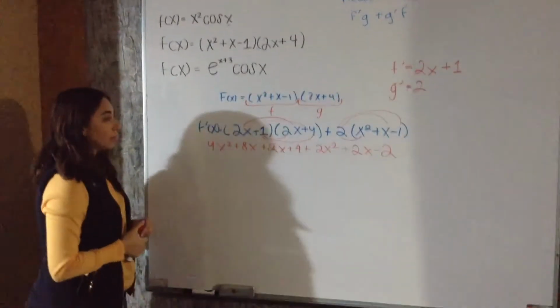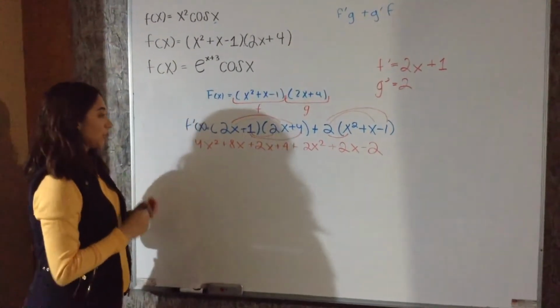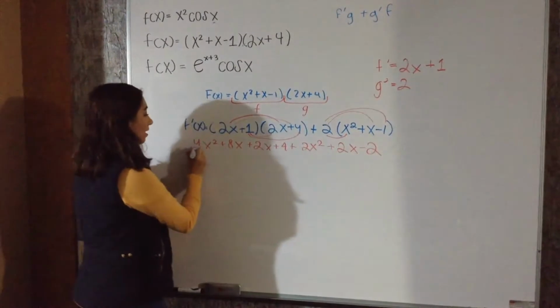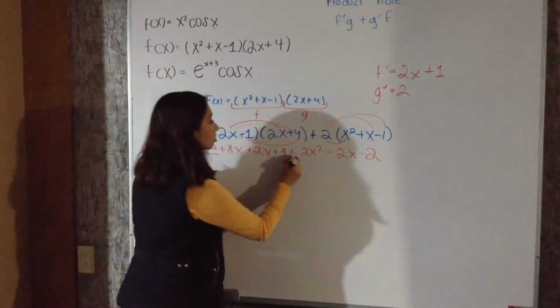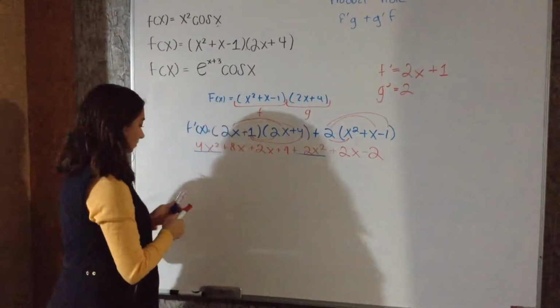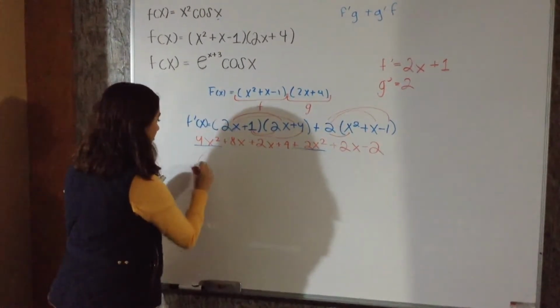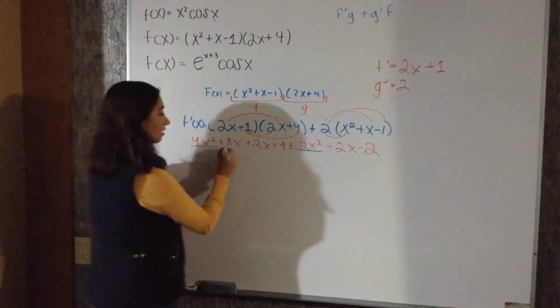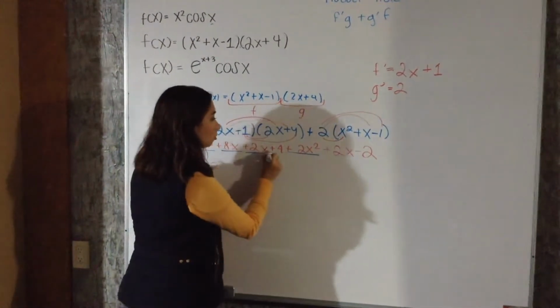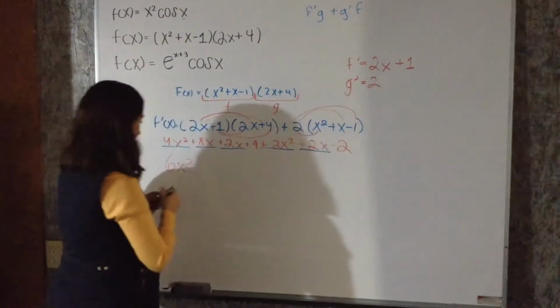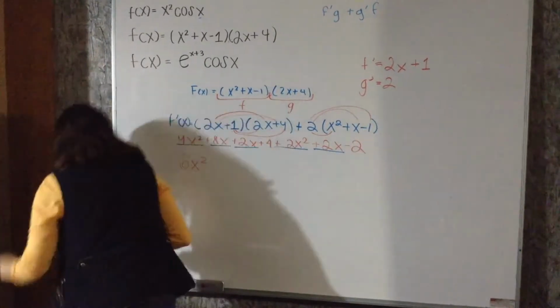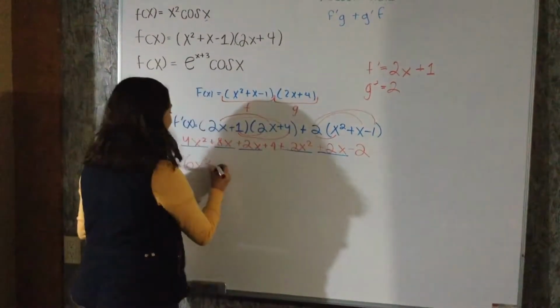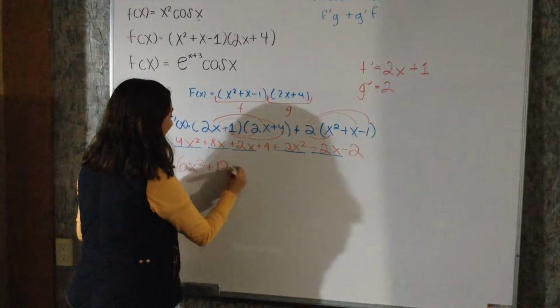Now I am going to get together my similar terms. For example, 4x squared plus 2x squared is 6x squared. Then the ones that have x, 8 plus 2 plus 2 is 12x.